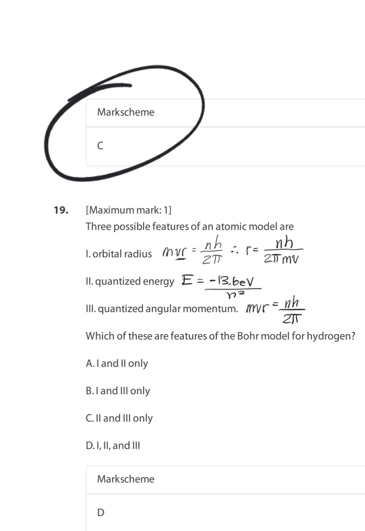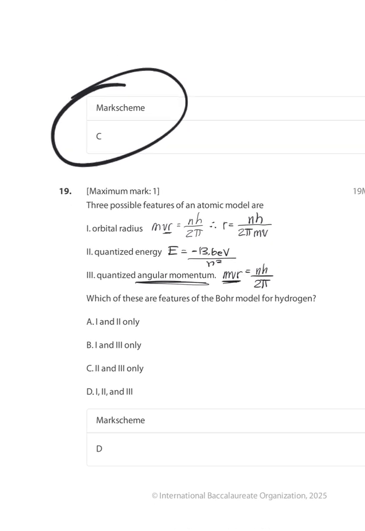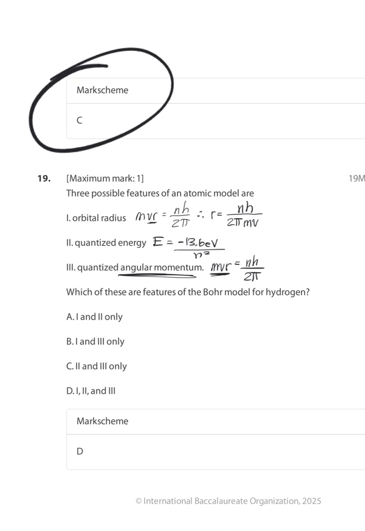And so r is nh over 2 pi mv. Energy is quantized in amounts of 13.6 electron volts. You can see that in that equation. It's from the data booklet. And then angular momentum, we've talked about that, mvr is angular momentum, is also quantized. There's nh over 2 pi. So which of these are features of the Bohr model for hydrogen? Actually, all of them, 1, 2, and 3, and so the mark scheme says D. And that's correct. Okay.